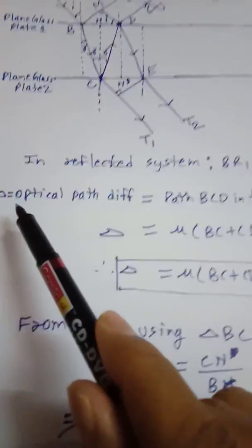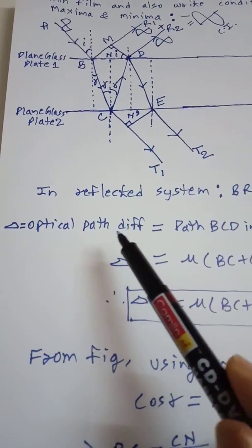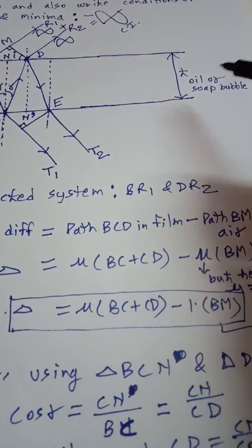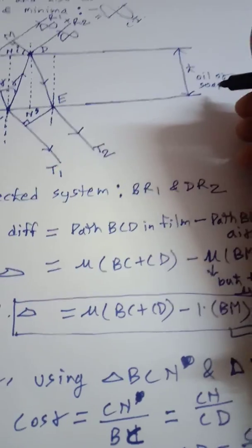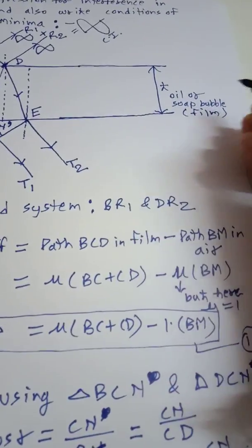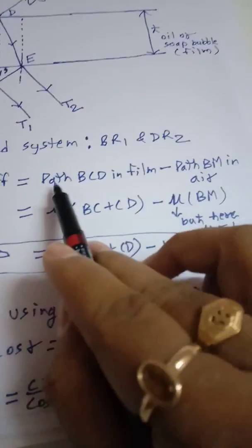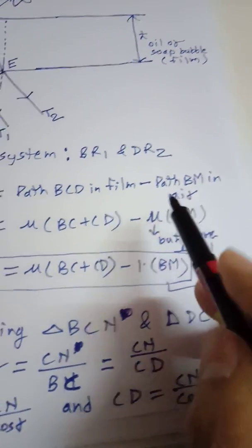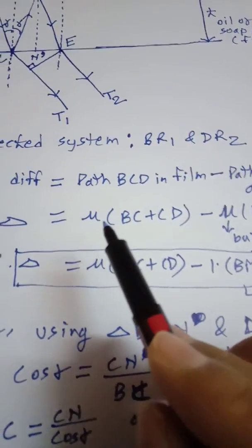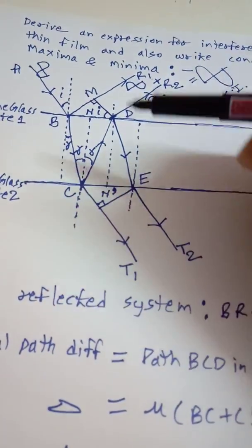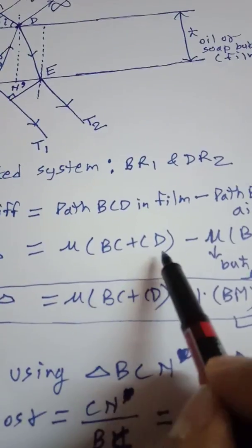So the optical path difference formula is there: path BCD inside the film, so this is the film, maybe oil or soap bubble, minus path BM in air. Okay, so path BCD, how do we write? BCD is B to C and C to D. So BC plus CD, and inside the film the refractive index is mu, so mu is multiplied with this distance.